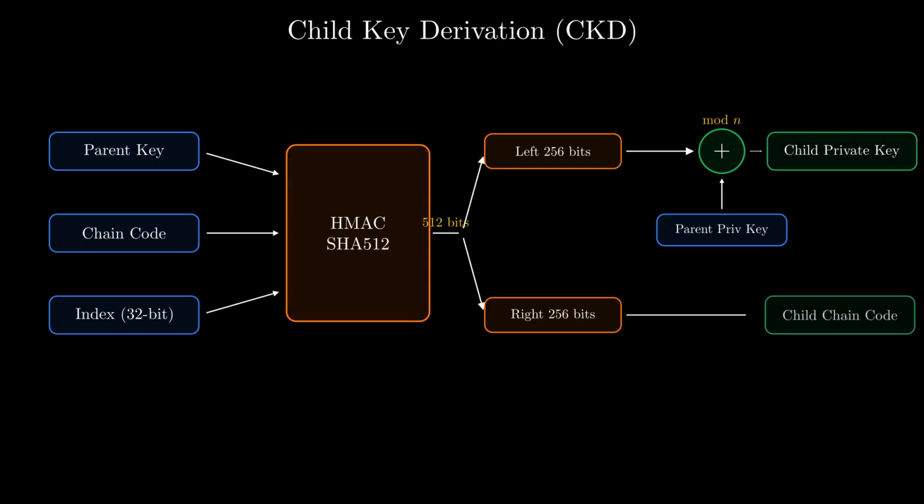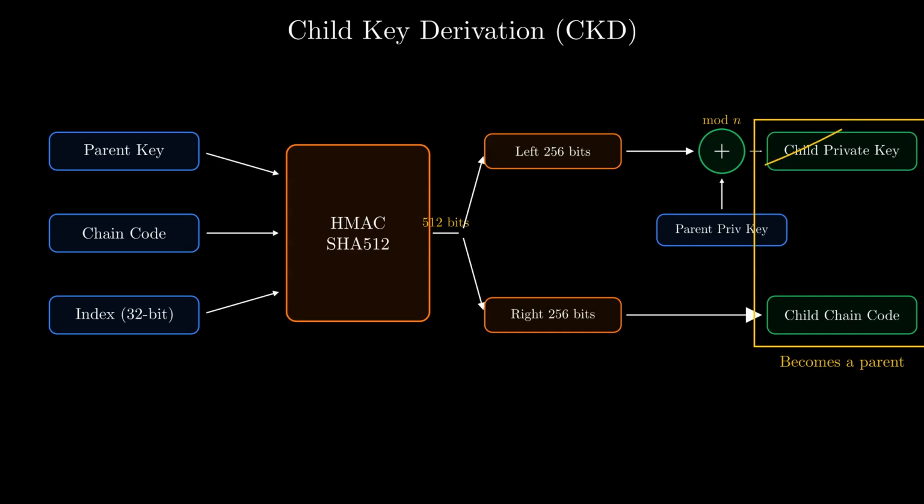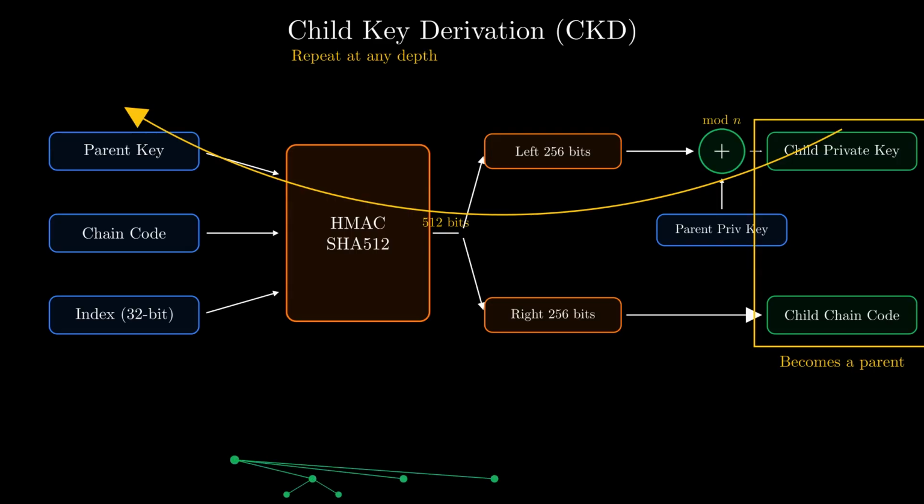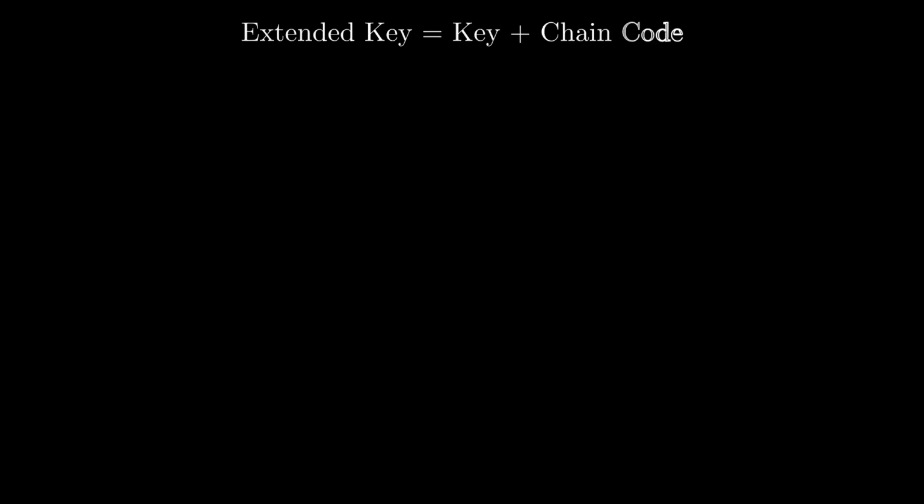The right 256 bits become the child's own chain code. That child now has everything it needs to be a parent itself. Repeat the process at any depth, and you build a tree where every node is deterministically derived, yet siblings stay isolated from each other. A key plus its chain code is called an extended key.